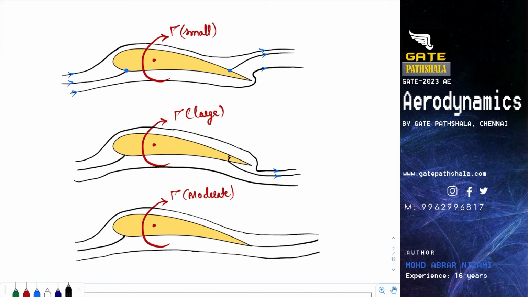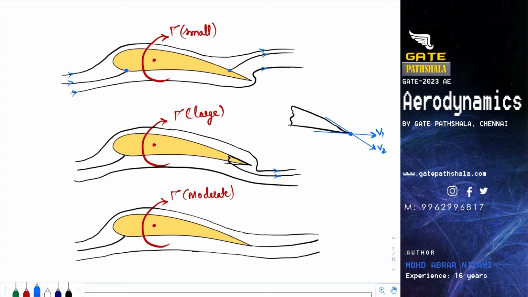Apart from that, if you take an angled trailing edge like this, the flow coming from the upper surface and flow coming from the lower surface, if you look at it, the two streamlines will be intersecting at the trailing edge. So having two velocities in two different directions at a point is physically impossible.